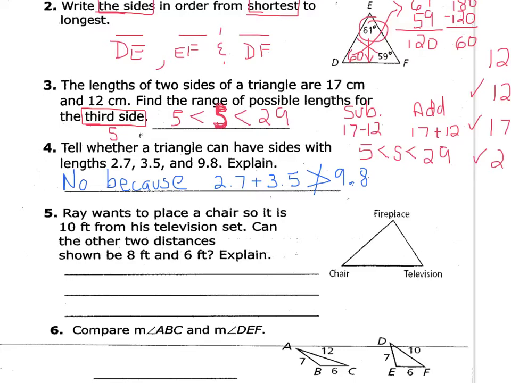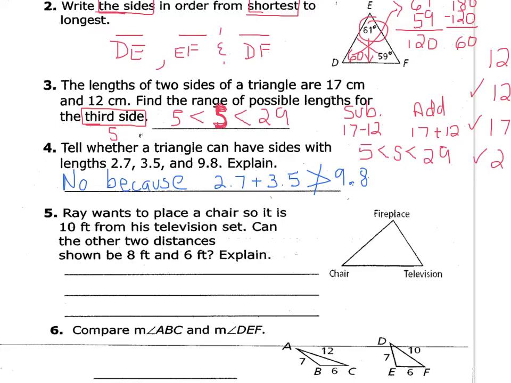It has to bend a little bit to form a triangle. So no, it's not possible. It has to be greater. In this one, you add 2.7 plus 3.5 and check if that combination is greater than the third side, 9.8. And if it is, the next thing is to check the three combinations. If the three combinations work, then you classify it as acute, obtuse, or right. And that's what we're going to do on the problems that are coming up.